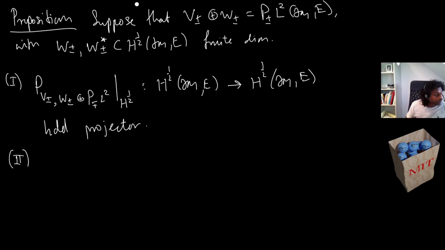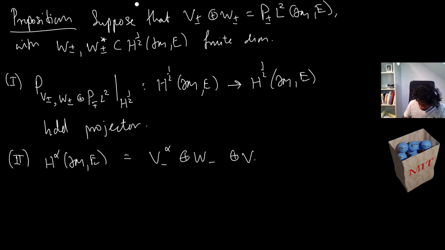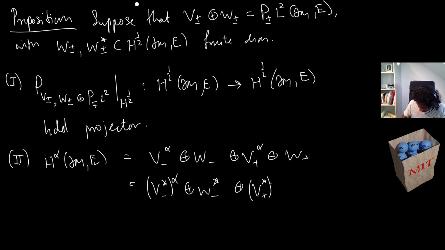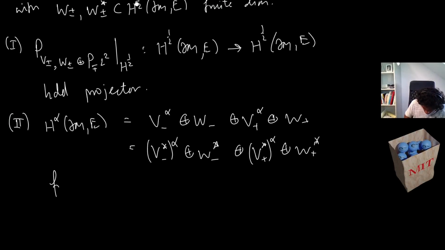2. So this also then follows. So H half ME is equal to V minus alpha plus W minus plus V plus alpha plus W plus, which is equal to V minus star alpha plus W minus star plus V plus alpha star plus W plus star, for alpha negative half.